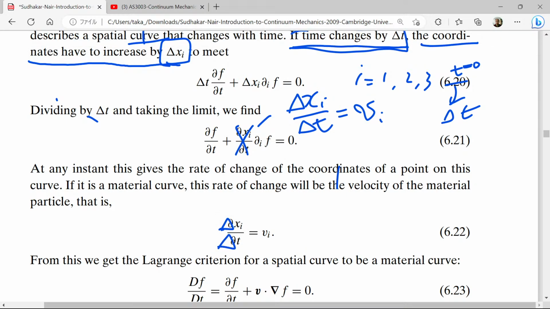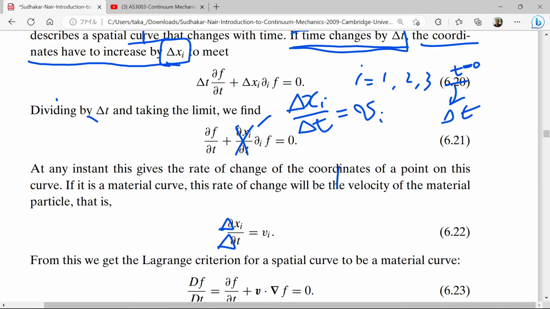Yeah, so at any instance, this gives the rate of change of the coordinates of a point on this curve. If it is a material curve, this rate of change will be the velocity of the material particle.